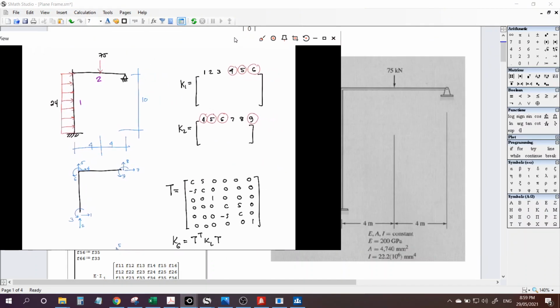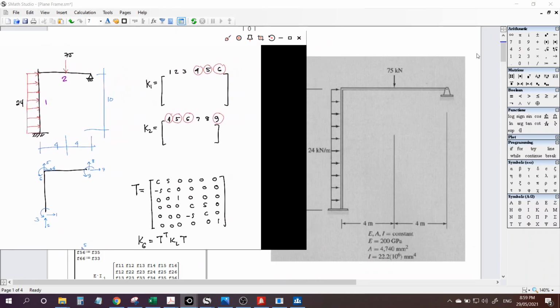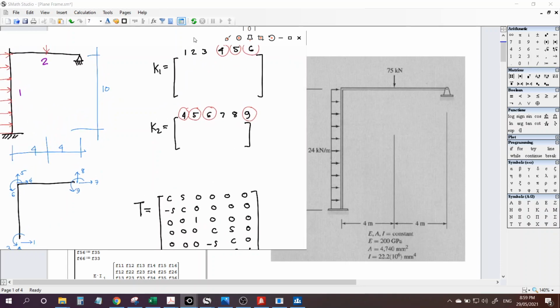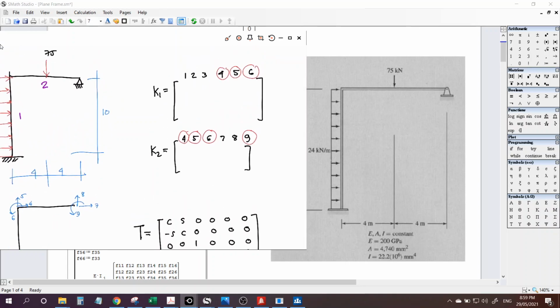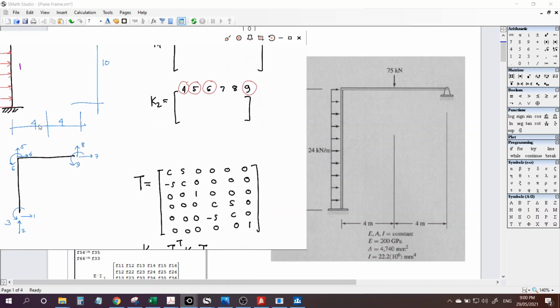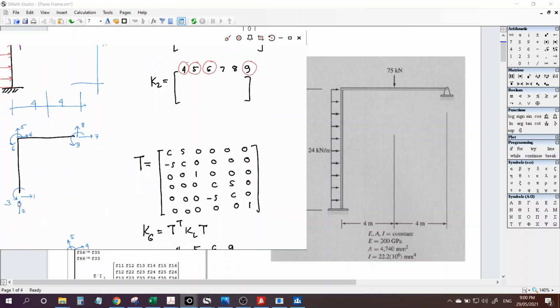So this is how I coded or assigned a number. We have two members, and since it's 6 by 6, that means we have three displacements each joint, right? So I may name this as 1, 2, 3, 4, 5, 6, 7, 8, 9.